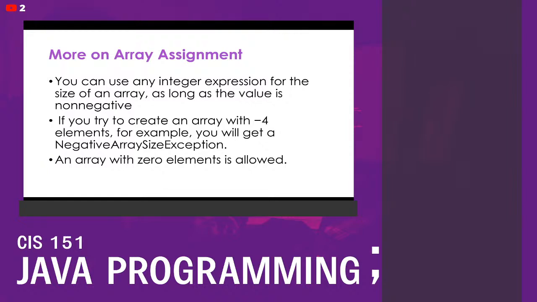We can't have a negative number of containers. That's sort of breaking the laws of physics, right? So we can have an array that has a size of 0 all the way up to positive infinity, but nothing negative. There is a negative array size exception that will be thrown if you try to use a negative number. So we want to make sure that we're not doing that.